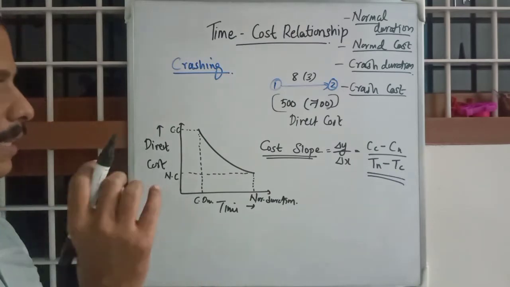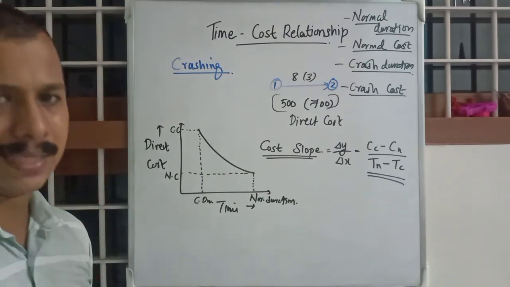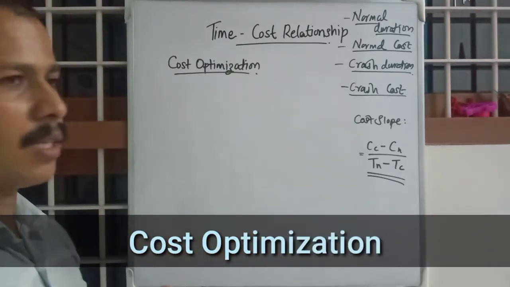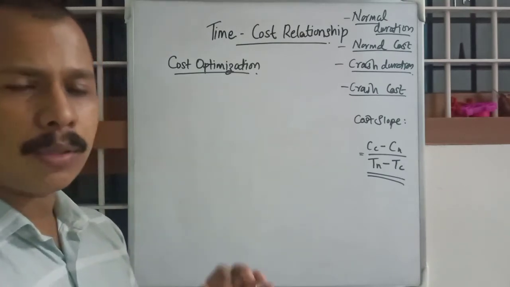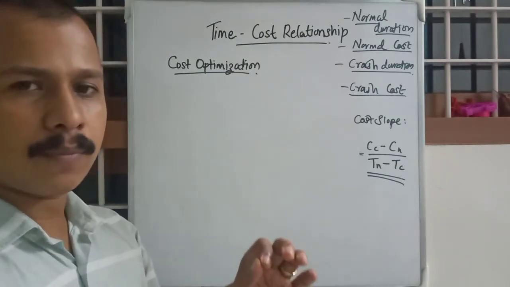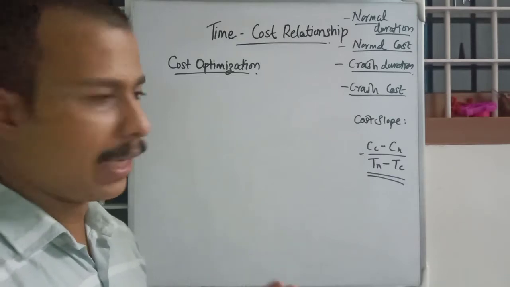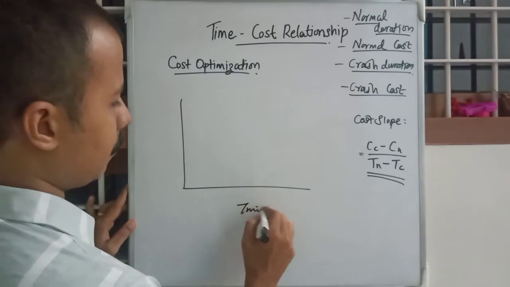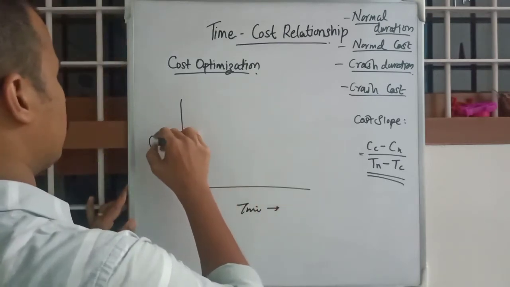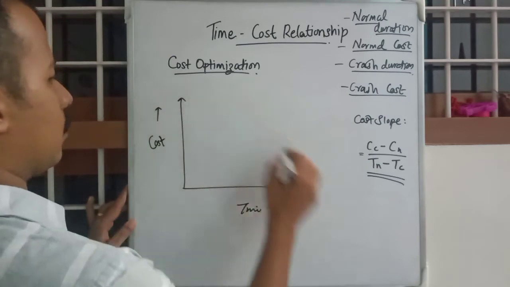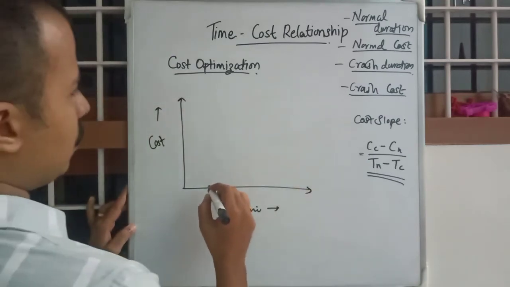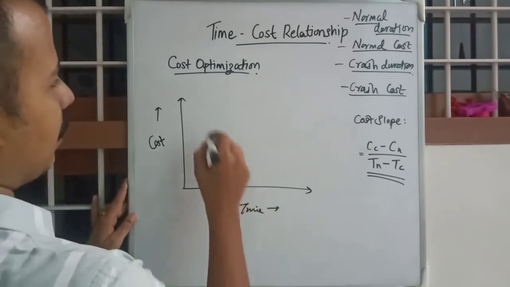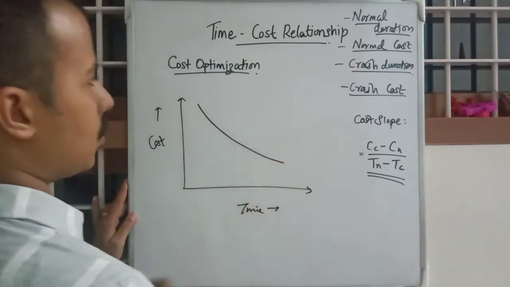Okay, and now we move on to cost optimization. Cost optimization is, as the name indicates, finding out the minimum total cost possible for any project. Okay, as we know, I'm just drawing a bigger one, time and cost. If I'm drawing a line with respect to direct cost, I will be getting a line like this.